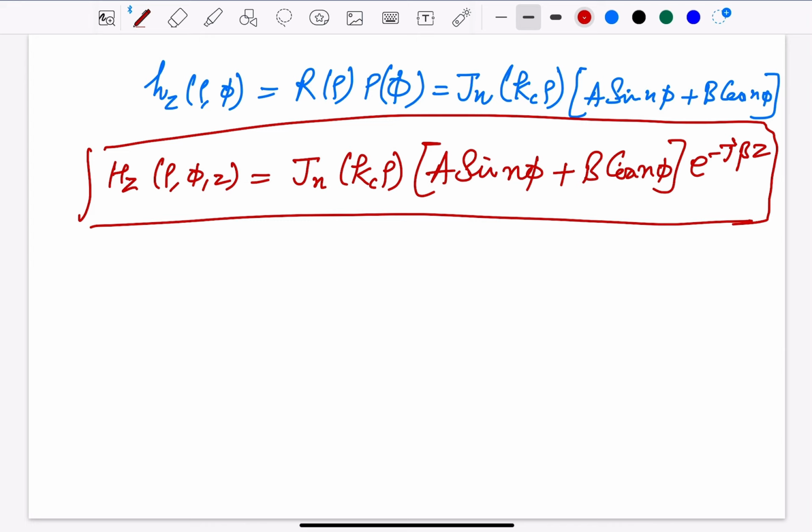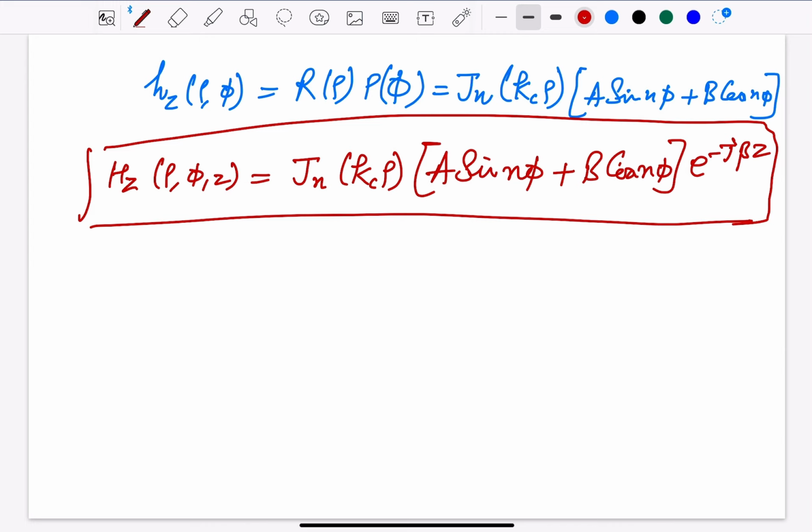Because we are talking about the cylindrical waveguide system, which is made of metal, considering this time the PEC, perfect electric conductor. Here, because we are talking about the TE mode, definitely Ez is 0. So we are left with Hz, only the longitudinal component.